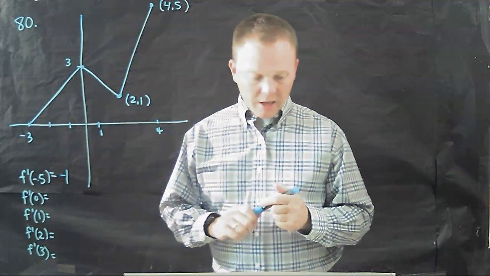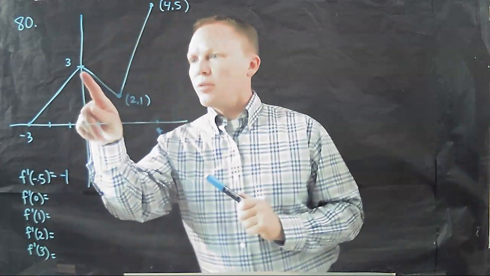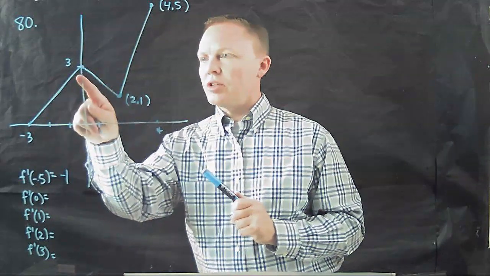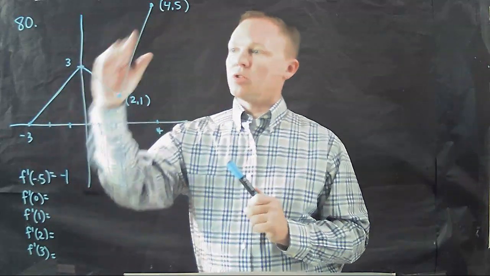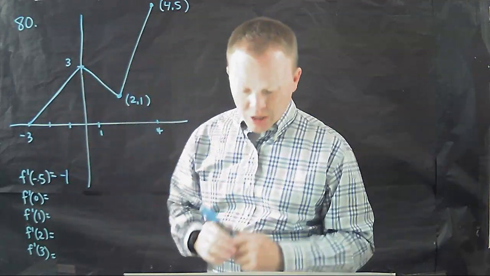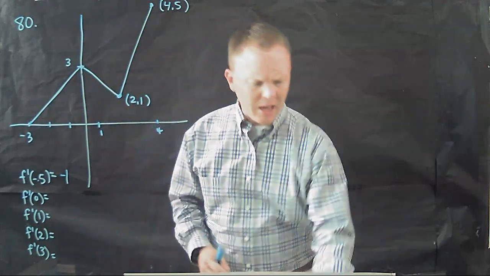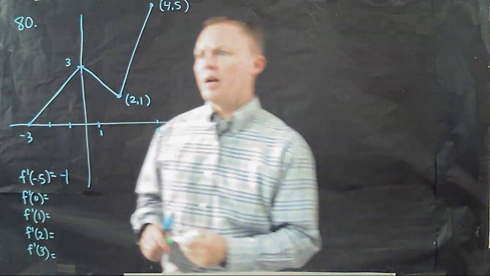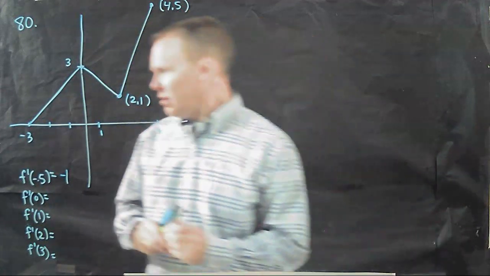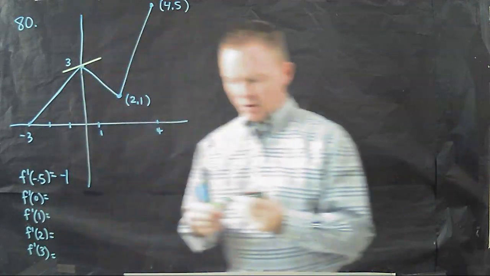Things become problematic at x equals 0, because what's going on at x equals 0? If we're looking right here at x equals 0, this function takes an abrupt change. It's going nice straight up and then straight down. So at x equals 0, what does a tangent line look like? Well, a tangent line could be maybe right there.